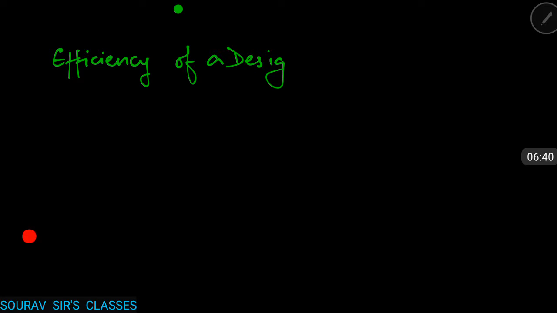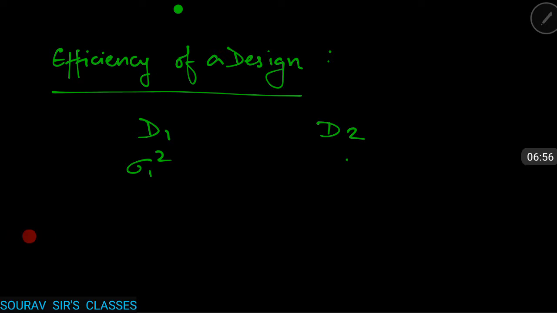The next is efficiency of a design. Consider the designs D1 and D2 with error variance per unit sigma 1 square and sigma 2 square, and replications R1 and R2 respectively.